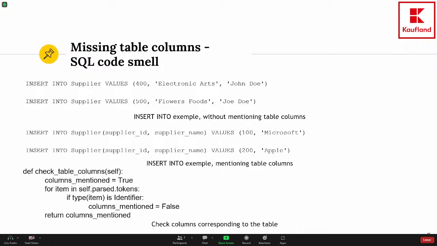To identify this SQL code smell, the SQL statement is checked for an item of type identifier. If that means only the table name is mentioned. The SQL parser module knows how to classify each element of an SQL statement. If columns are also mentioned, this means that the third item of the SQL statement contains the table columns.